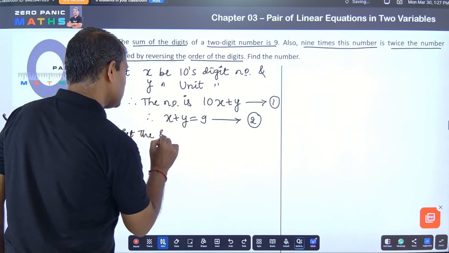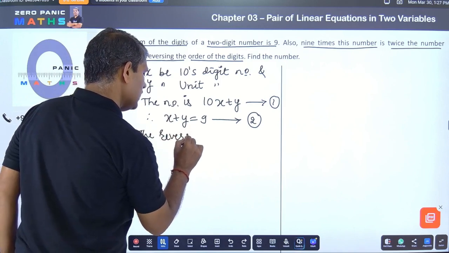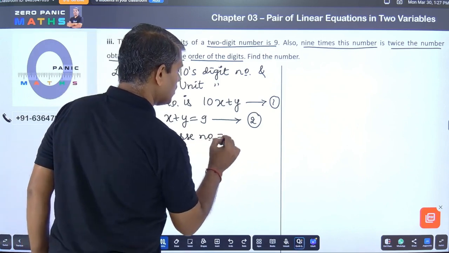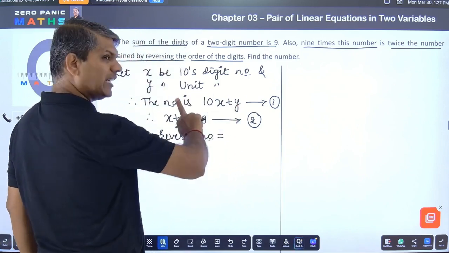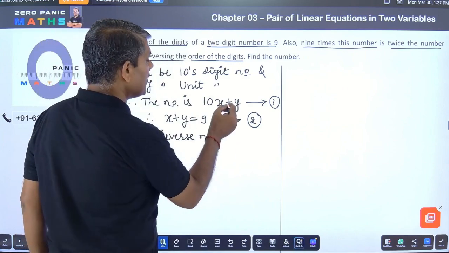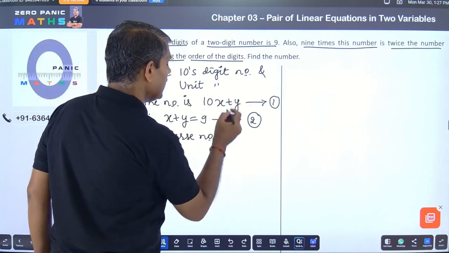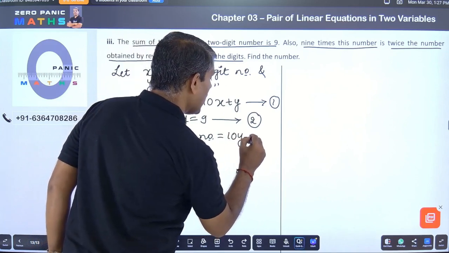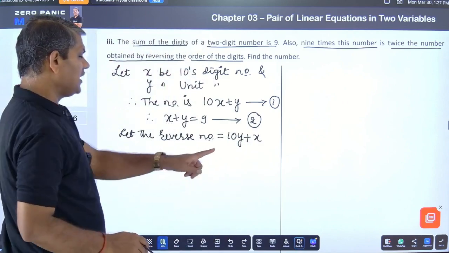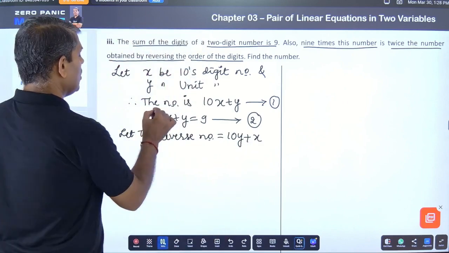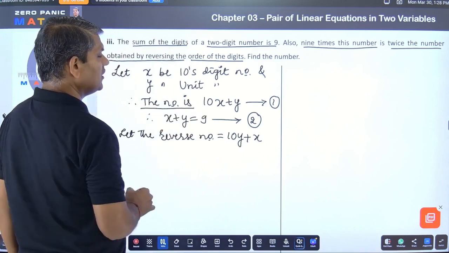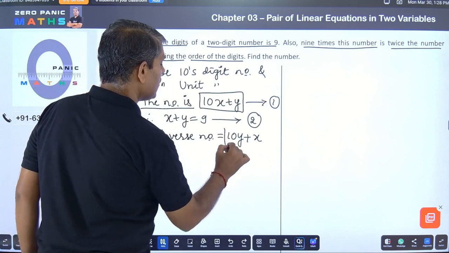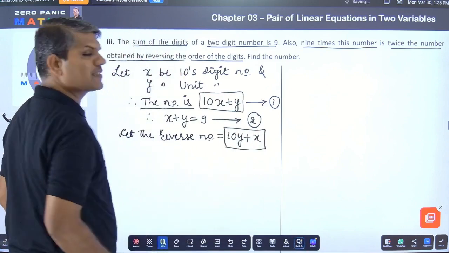Let the reverse number be, in place of x it is y, and y in place of x, so it will be 10y plus x. It is the reverse number, right? So the actual number is 10x plus y, and the reverse number is 10y plus x.